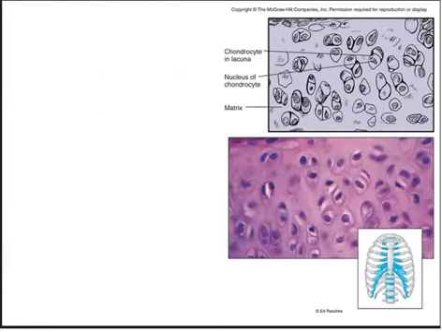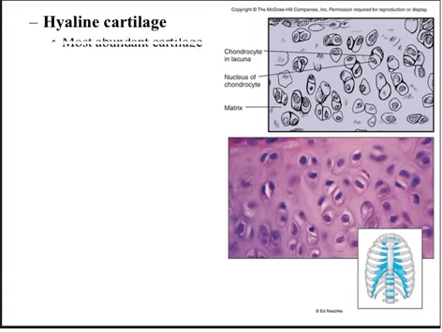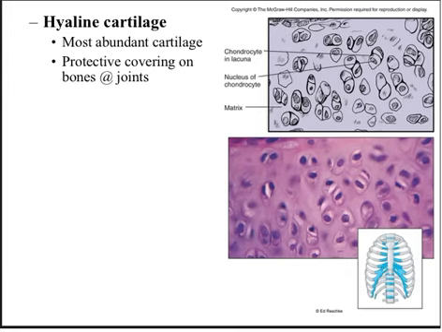So let's take a look at hyaline cartilage. It's the most abundant. It's the protective covering that we see over bones at joints, things like the knee, the ankle, the elbow, the wrist.